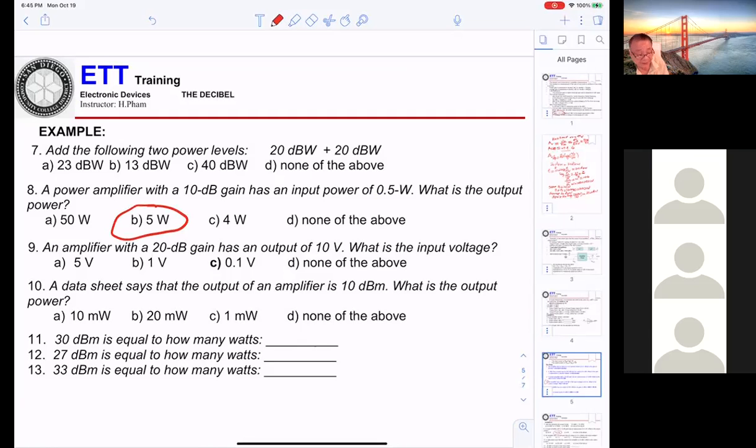The op amp or differential amplifier is somewhere they're using dB. Number 9 is 1 volt. Okay, number 9, 1 volt.